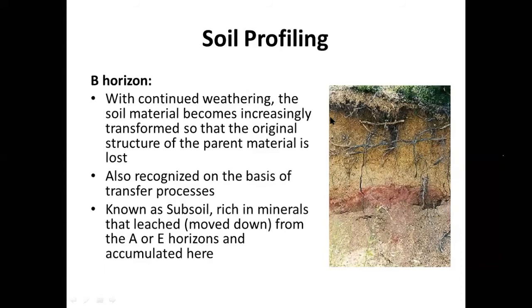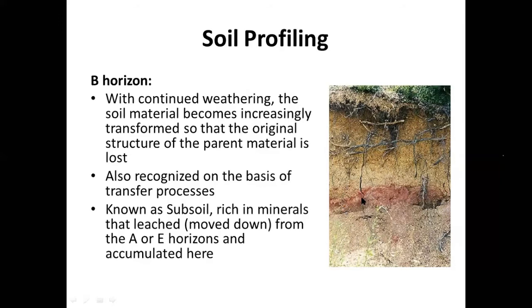Exactly, yes, that's true. This portion is the B horizon because of the leaching process. In the first point we mentioned that with continued weathering the soil material becomes increasingly transformed so that the original structure of the parent material is lost. So from this part we can differentiate the parent material, but after this part it is different from this portion. So this one is actually the B horizon.